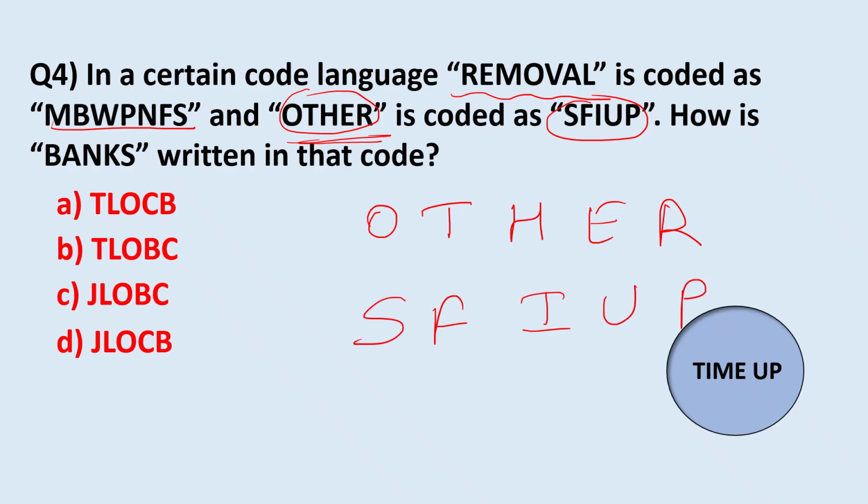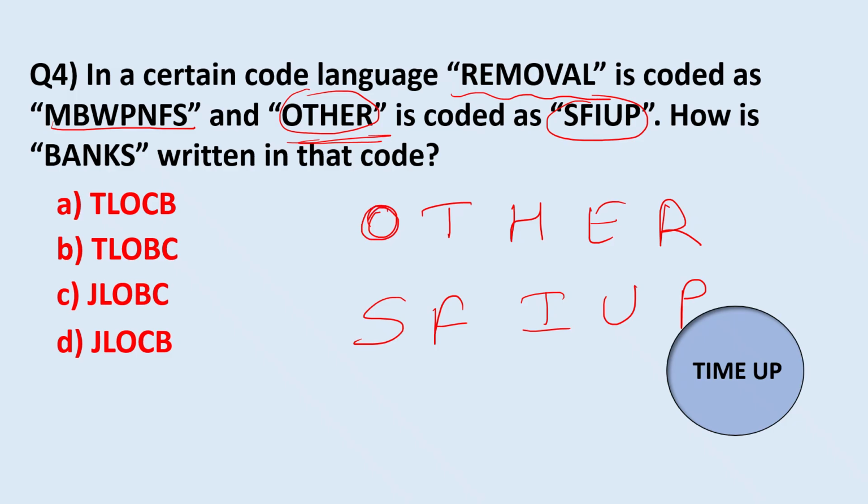Now, if you see, O's value is 15, correct? S's value is 19. P's value is 20. F's value is 6. So here you can see there is no logic of plus 4, plus 5, minus 1, minus 2 or something. So how has this been coded then? They have used a zigzag pattern here.